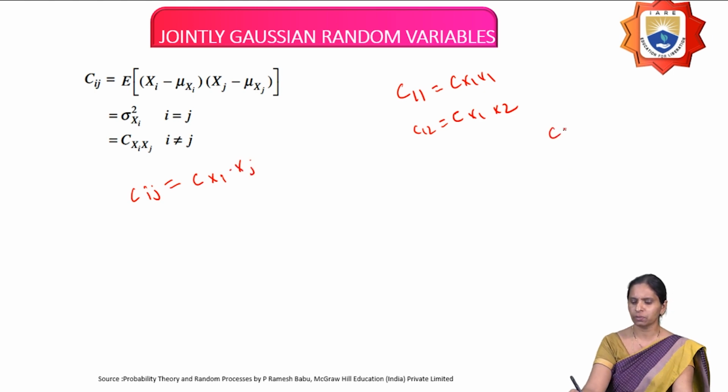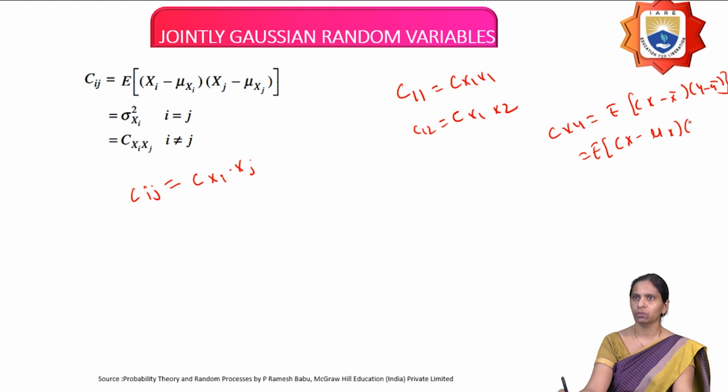So what is the covariance of two random variables in formula? Expectation of x minus x bar into y minus y bar. Or else you can write this as expectation of x minus mu x into y minus mu y. These are called the means. Okay. Now what does Cij represent? The covariance of the two random variables xi and xj.